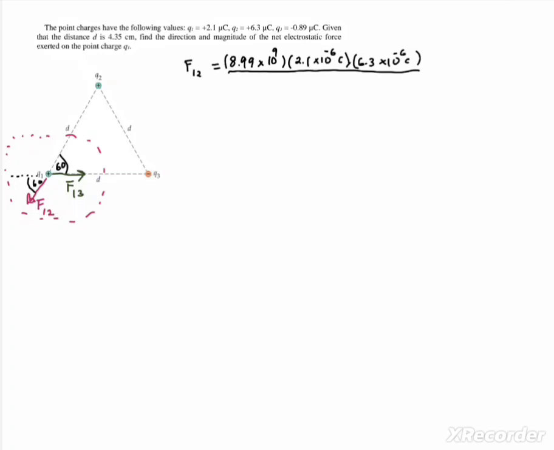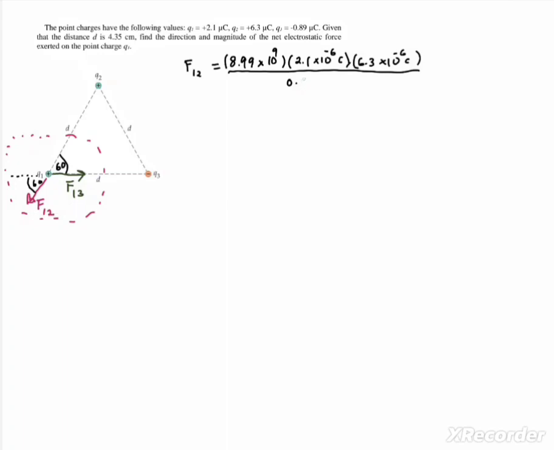So we have to find out the distance between 1 and 2, and it's given by distance d. You see that it says d here. So that's our distance, and we need to convert it into meters. So we need to divide 4.35 by 100.